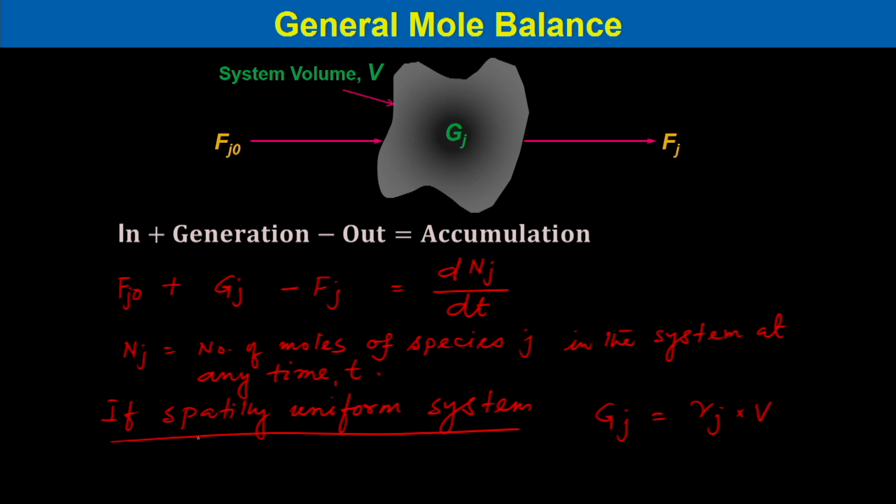So, for a spatially uniform system, Gj would be equal to Rj times V. Now, if it is not spatially uniform, then what will happen?